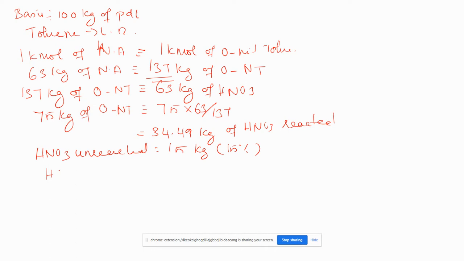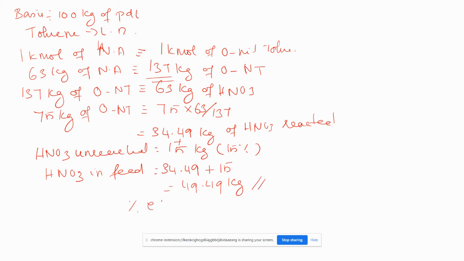Nitric acid in feed will be nitric acid reacted plus nitric acid unreacted. Nitric acid reacted is 34.49 and the nitric acid unreacted is 15, so you will get 49.49 kgs. This will be the amount of nitric acid in feed.